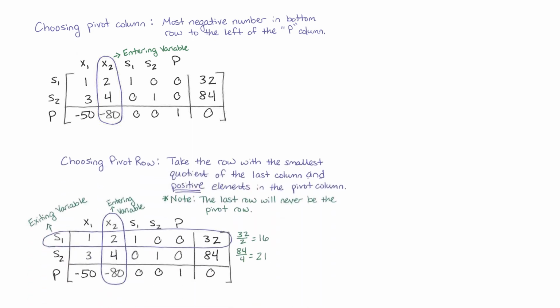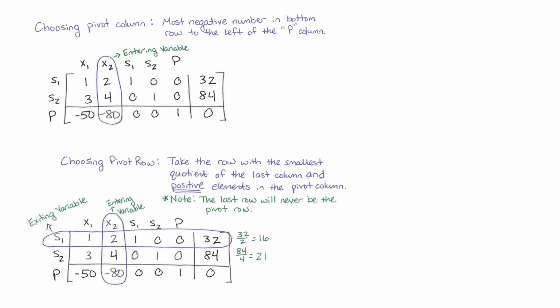So now we're going to choose the pivot row. So we look in the pivot column and we see that we have a 2 and a 4 above the line. So both of those rows are eligible. So now we're going to take the number in the last column and divide it by the number in the pivot column and see what we get.